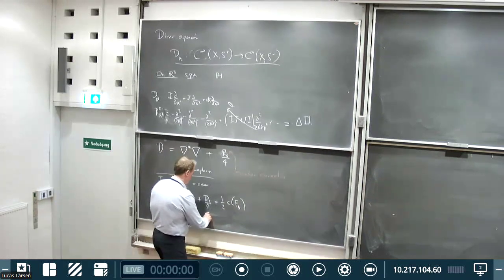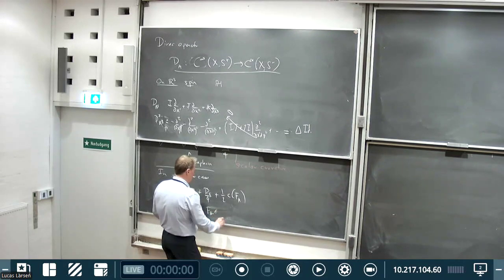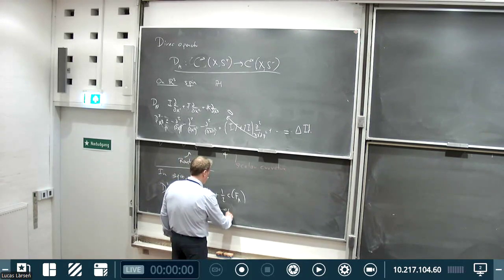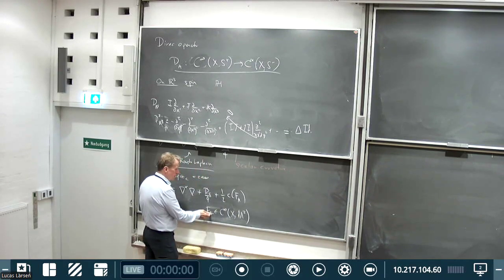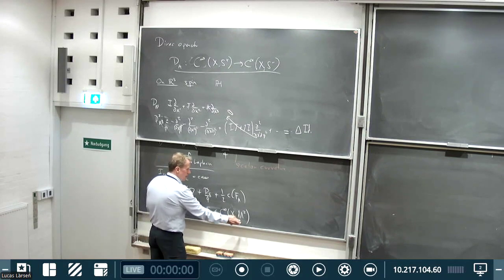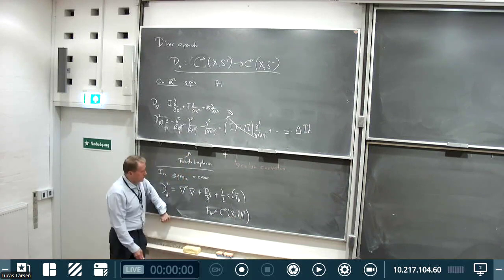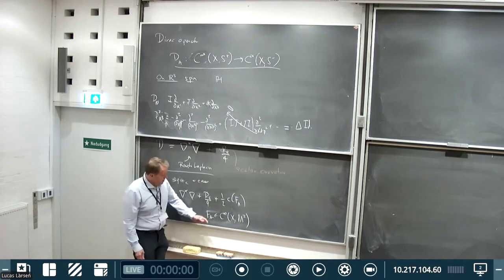The curvature of a Hermitian connection in the line bundle is an imaginary two-form.